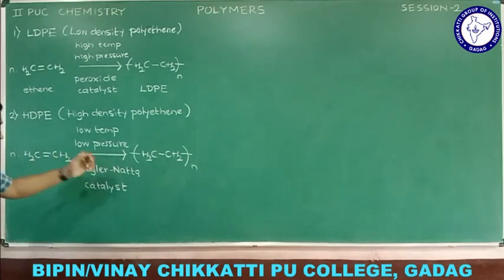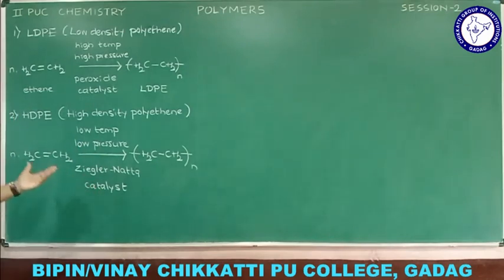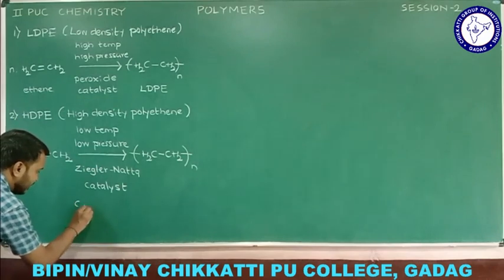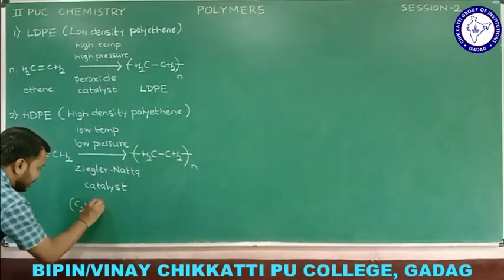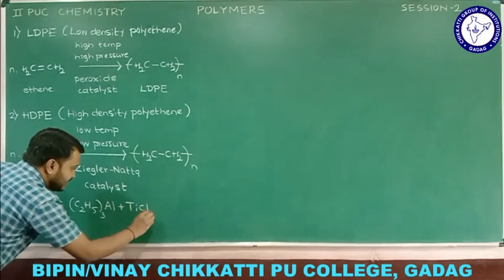Ziegler and Natta are the names of the scientists, and they got the Nobel Prize for this particular catalyst they used, therefore we call it the Ziegler-Natta catalyst, and it is used in the case of HDPE. Out of curiosity, we'll write the molecular formula: (C2H5)3Al plus TiCl4.